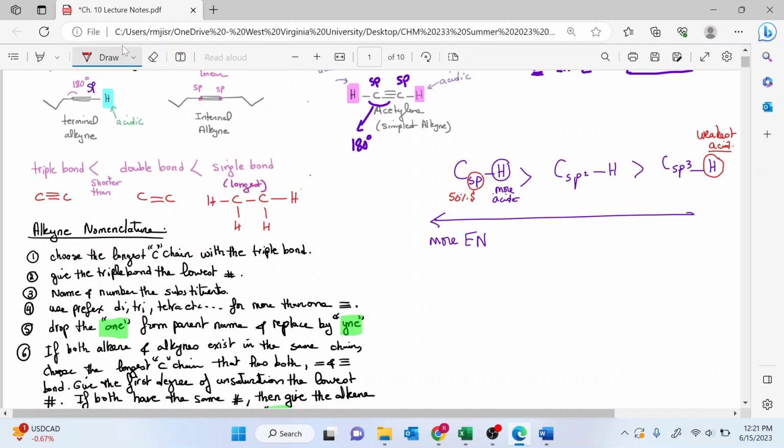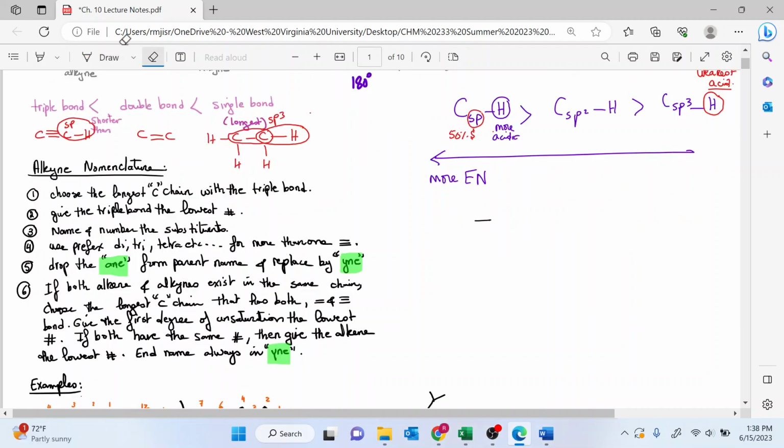So if the carbon-carbon bond here is a long bond, then this also makes the carbon-hydrogen bond for the sp3 hybridization a long bond as well, and the carbon-hydrogen bond for the triple bond the shortest bond as well.